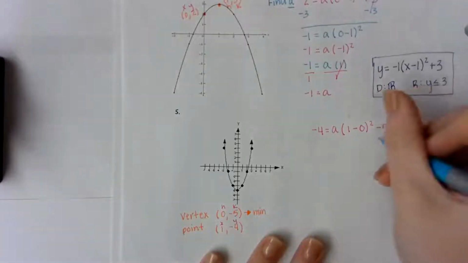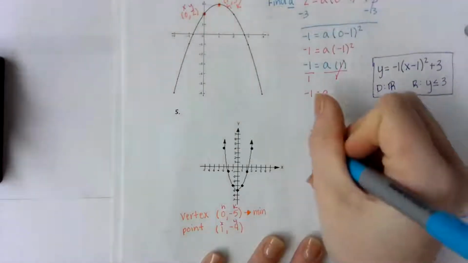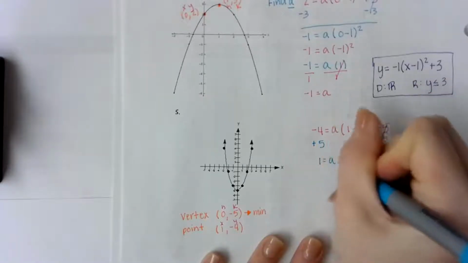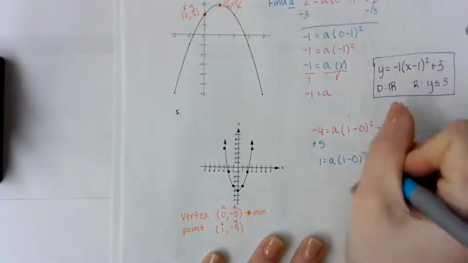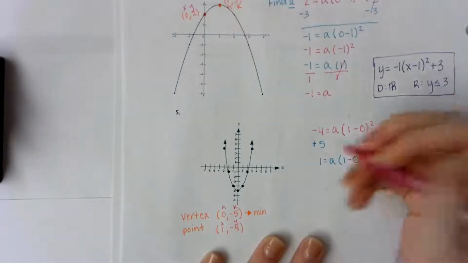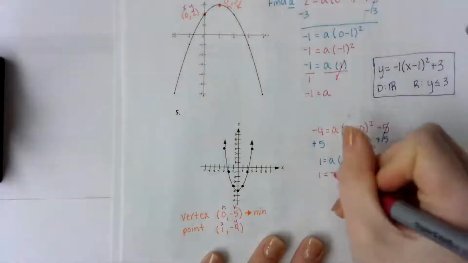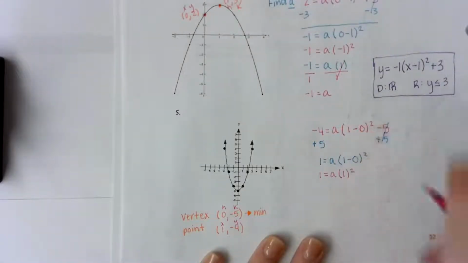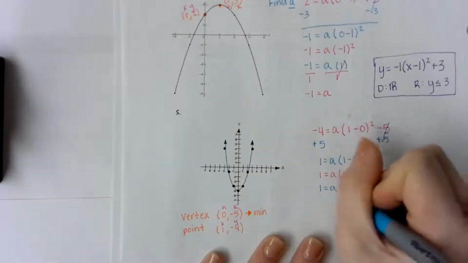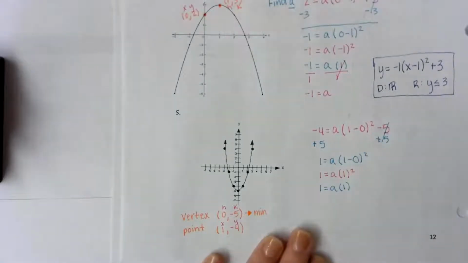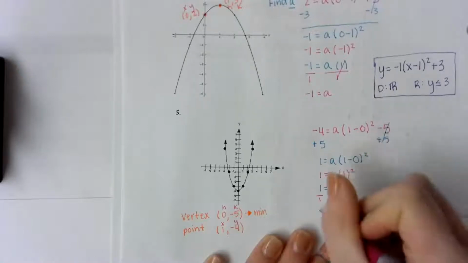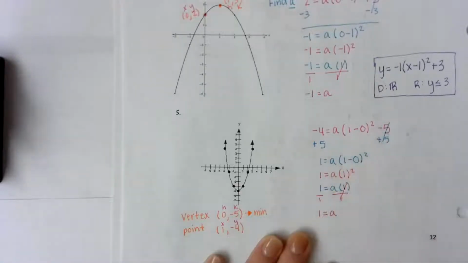So I'm going to start by adding 5 to both sides. So 1 equals a times 1 minus 0 squared. So 1 minus 0 is just 1. And 1 squared is just 1. So when I divide by 1, 1 equals a.